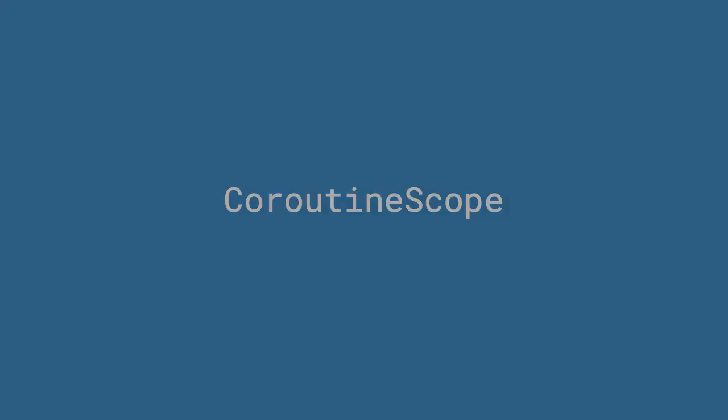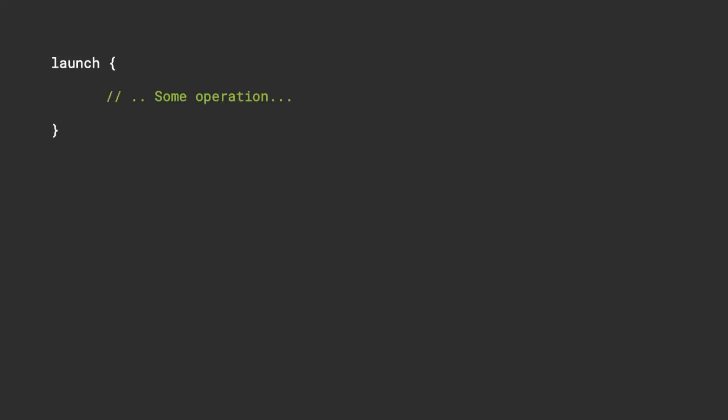Well, we all know that launch function is a coroutine builder. It creates a coroutine. Now, when it creates a coroutine, then by default it gets attached to a special instance of CoroutineScope. So, within this lambda expression, if you use this keyword, then basically you will get access to the CoroutineScope instance.